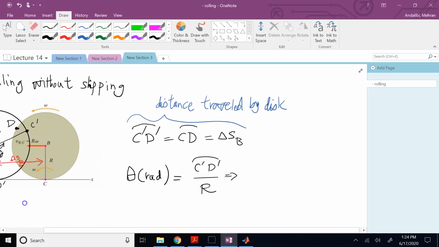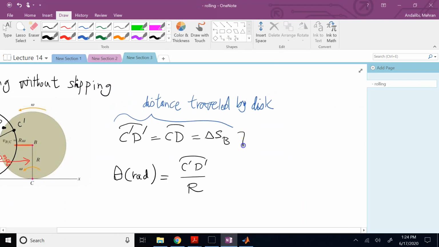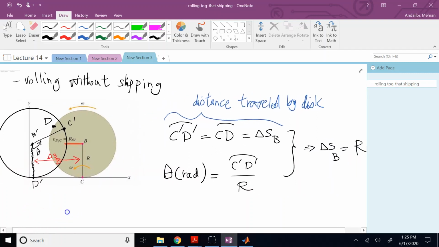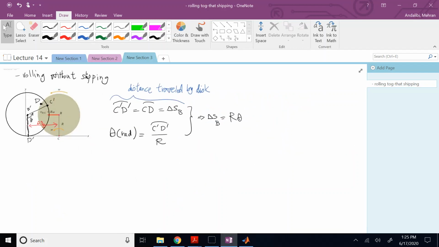Therefore, from these two, if I cross multiply, the distance traveled by the centroid of the disk is r times theta, and I guess everybody knows that. Good. So now I want to take a time derivative of this. What is the time derivative of distance traveled? It is the velocity of point B, magnitude-wise. It is going to be r times theta dot. But what is theta dot?